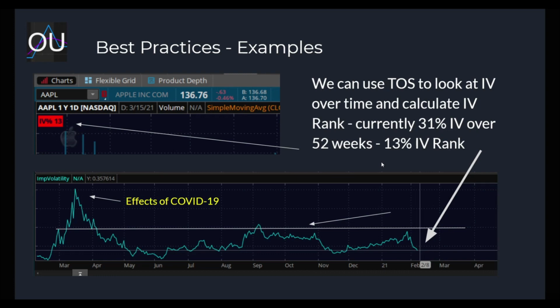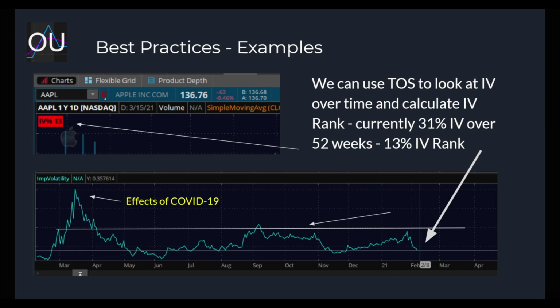So basically the rank is just a ratio of the implied volatility to the 52 weeks of historical volatility, normalized for 100 based on a percent, and then we get the value of 13.